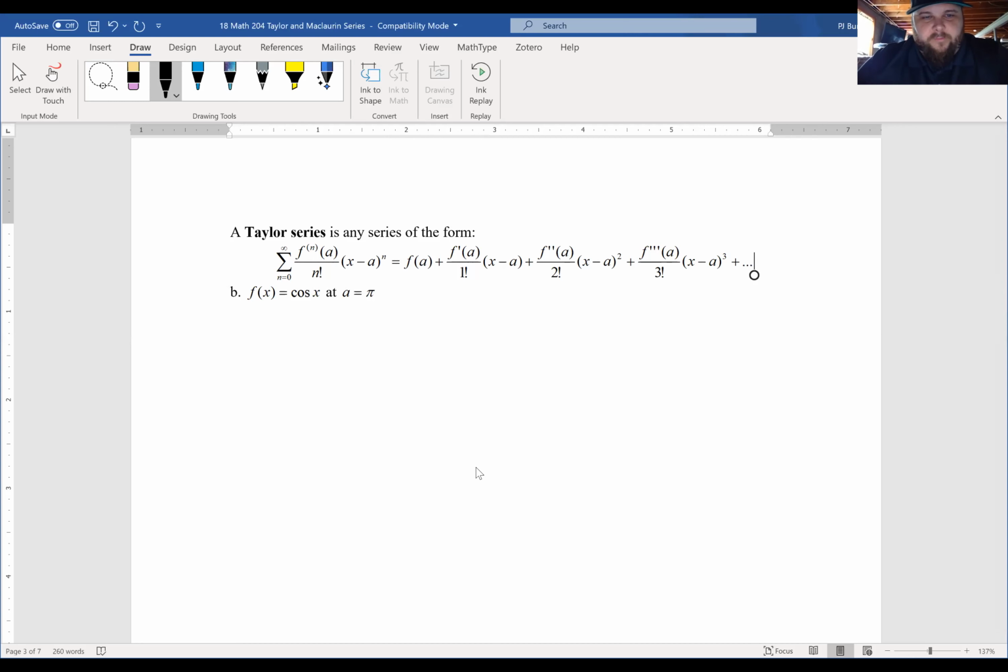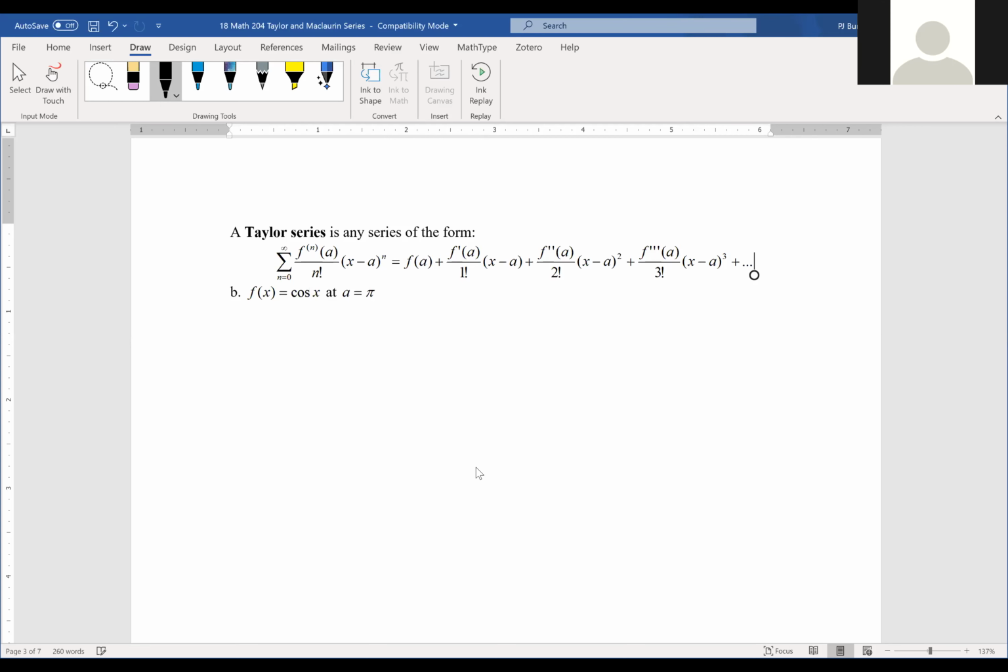Hopefully you can see that if we made A 0 in this form, it would collapse down to what we used for the Maclaurin. The only difference is instead of plugging in 0, we're plugging in whatever the value of A is, and instead of putting x, it's x minus A to the n. That is the only difference between the Maclaurin and the Taylor.